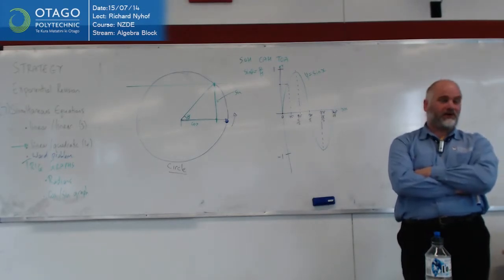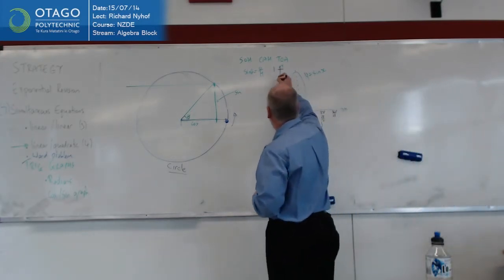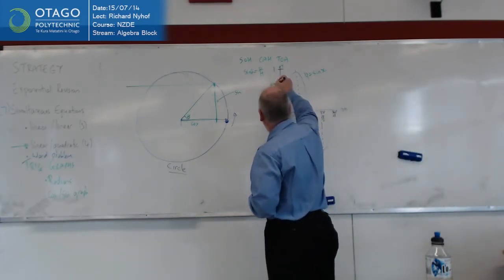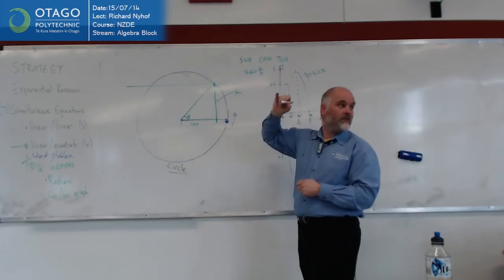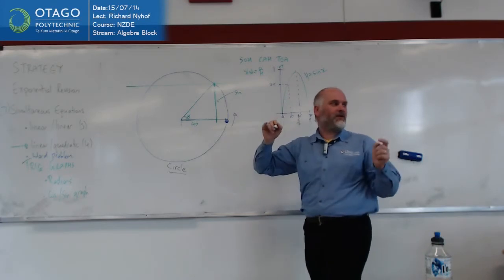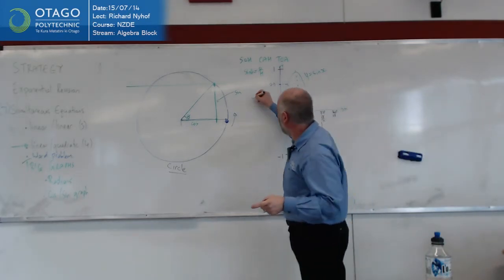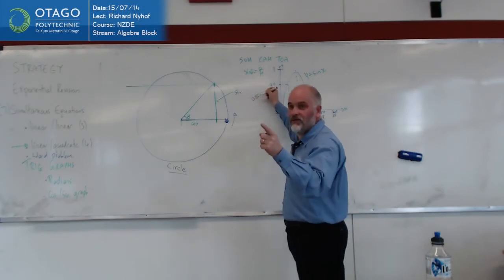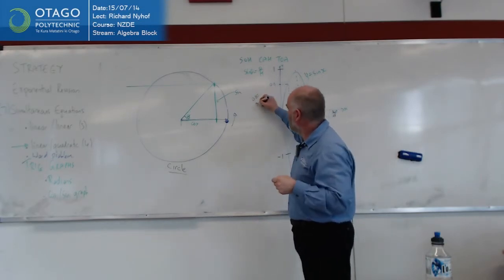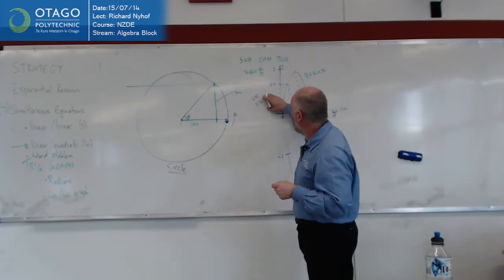Just do, on your calculator, sine 45, and it'll tell you 0.71, I think. Okay, hang on. So what are you saying? 0.85 and 0.707, isn't it? So 0.71 if we round it.